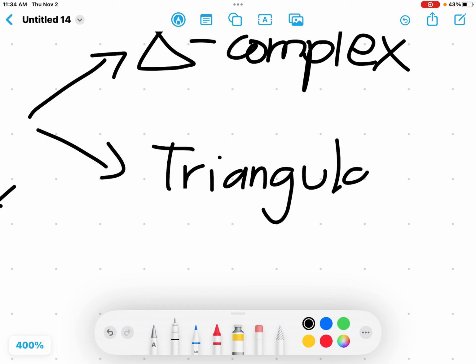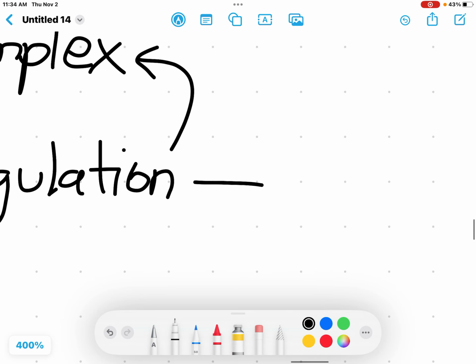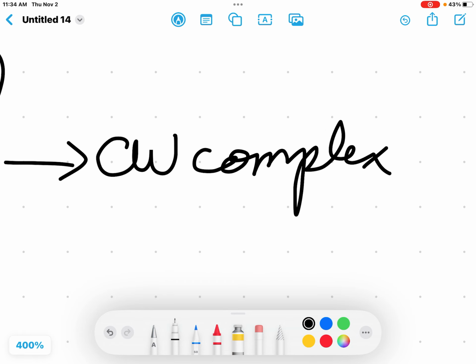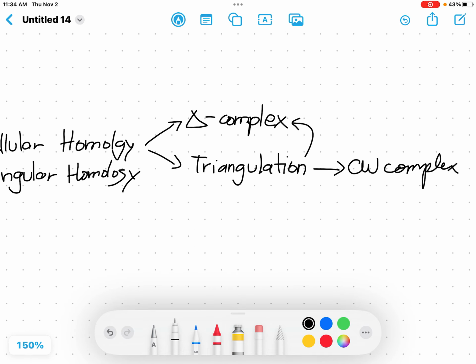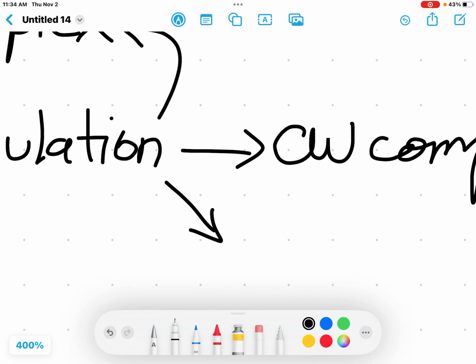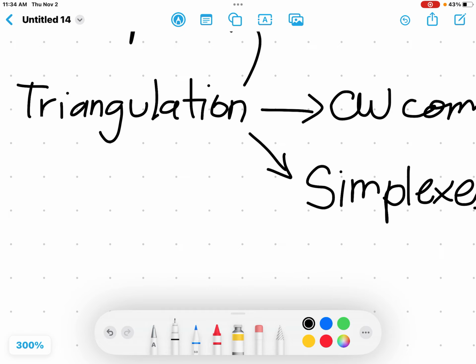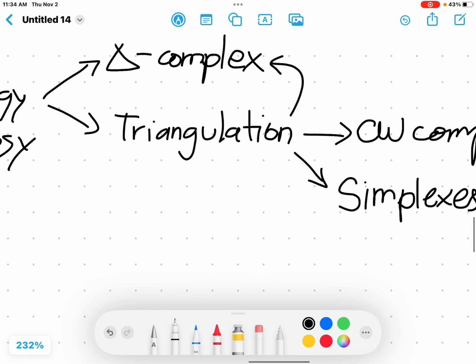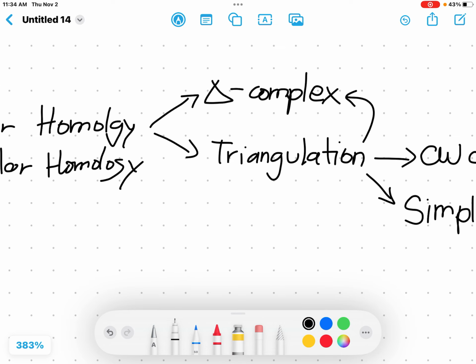And when we do a triangulation, it can either give us a delta complex structure or a CW complex structure, which is a complex composed of a bunch of cells. Or a triangulation would involve a bunch of simplices. So one of those three. Now the easiest, undoubtedly, among all of these methods of triangulation, which gives us the homology, would be the delta complex.